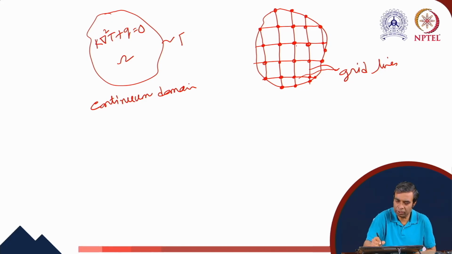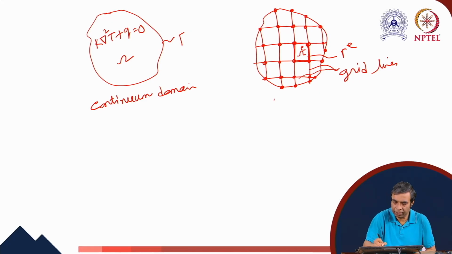So let us consider a representative element that I am highlighting here. This is a representative element that we denote by the symbol omega e, and its boundary is denoted by the symbol gamma e. Now the governing equation which is valid at the continuum level is not valid for the elements in the original form. The governing equation, when it is in the integral form or in the weighted integral form, is valid for the individual elements.